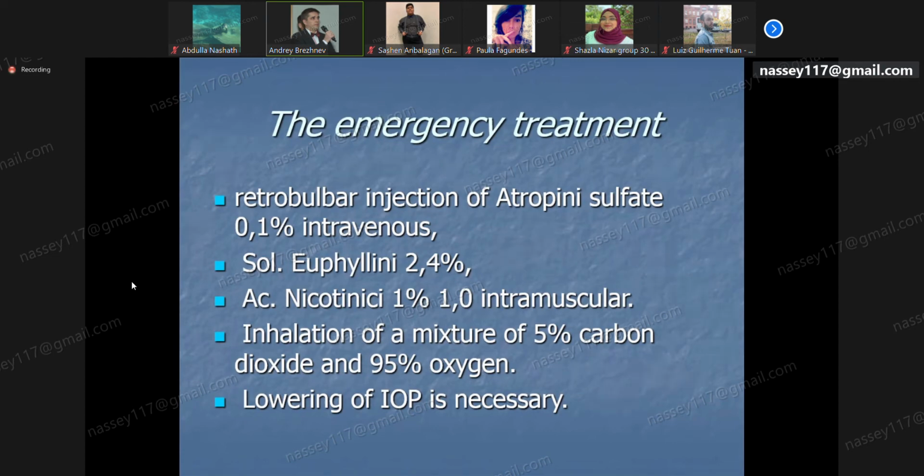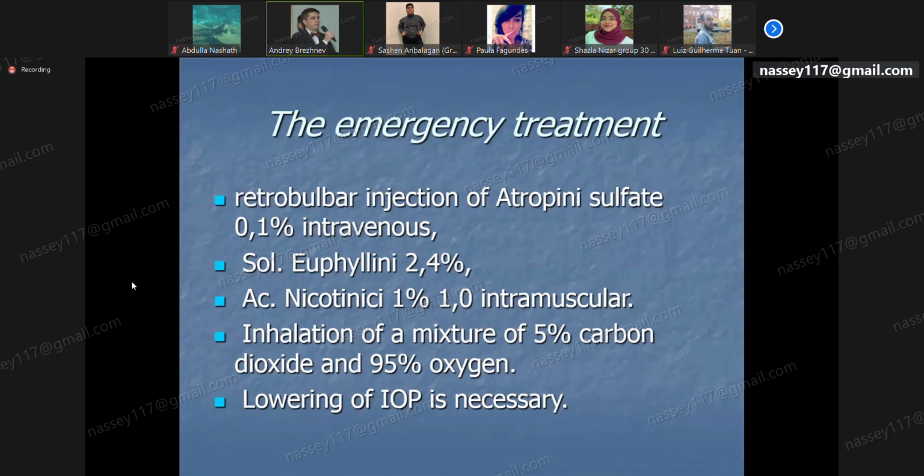Inhalation of a mixture of 5% carbon dioxide and 95% oxygen is also possible to dilate the blood vessels and to prevent severe ischemic damage of the central retina. A lowering of intraocular pressure is also necessary for the same purposes.